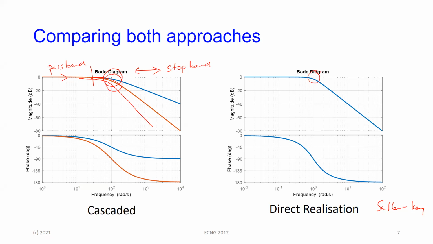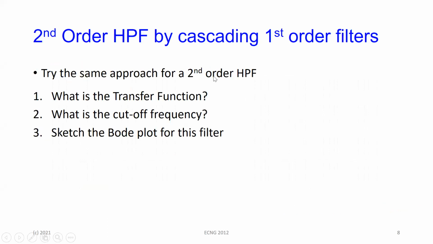Fine. Okay. And similarly, and this will be a little exercise as well, try the same approach for the high-pass filter. If you recall, the high-pass filter is something like S over 1 plus SCR. There's a 0 and a pole for the single order high-pass filter.